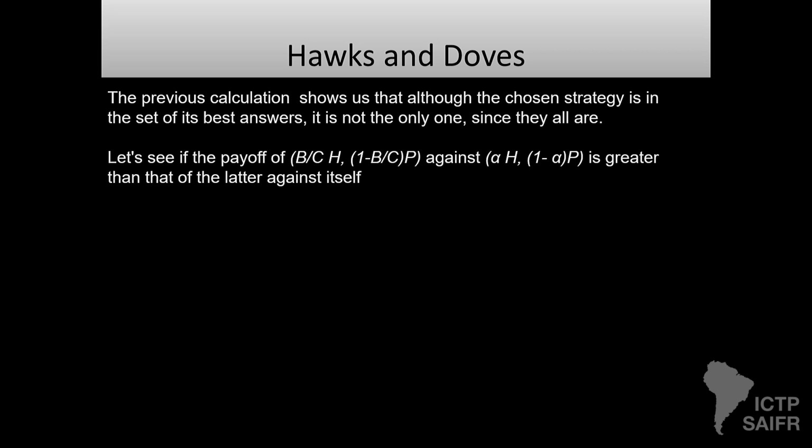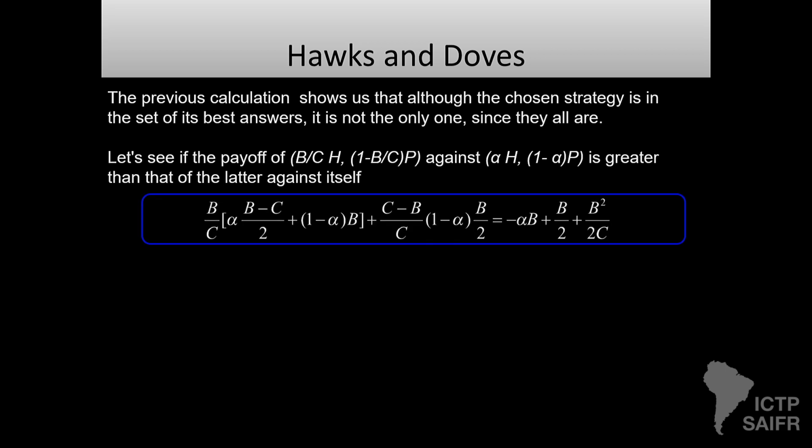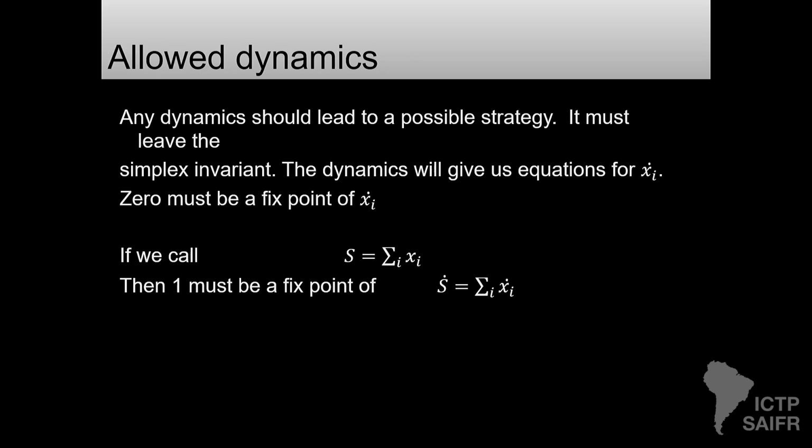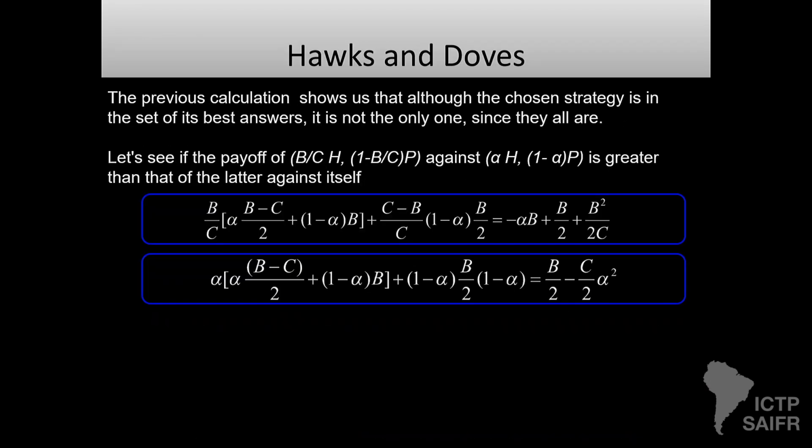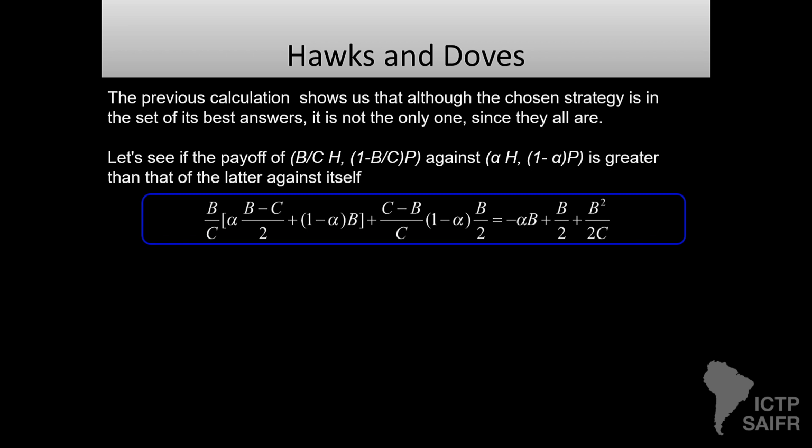But let's see another thing. Now I am going to calculate the other. What we have done is calculating the payoff of, for example, alpha, 1 minus alpha against rho, 1 minus rho. Okay, but let's calculate a different thing.